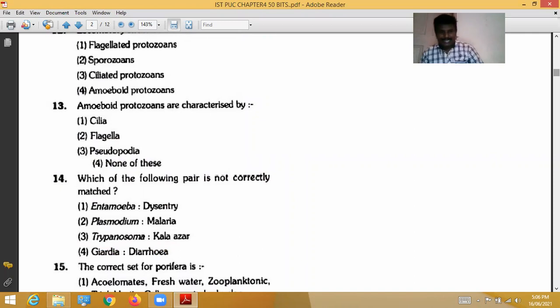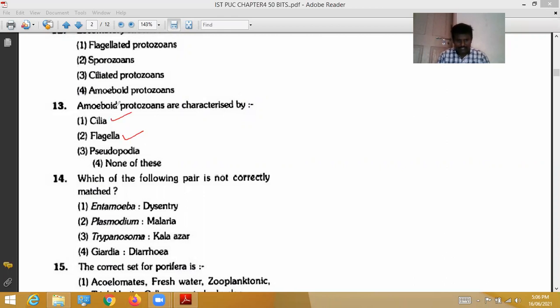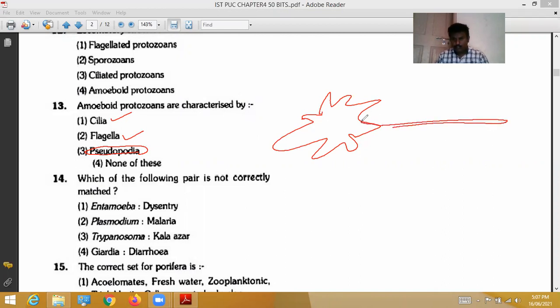Amoeboid protozoans are characterized by what? Cilia are not found in amoeba, flagella are not found in amoeba, pseudopodia are found in amoeba. Amoeba is a shapeless organism; it does not have a proper shape. When it wants to move from one place to another, it forms a long tubular structure from its body surface.